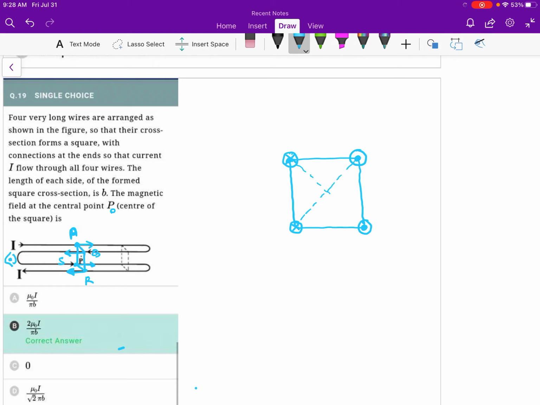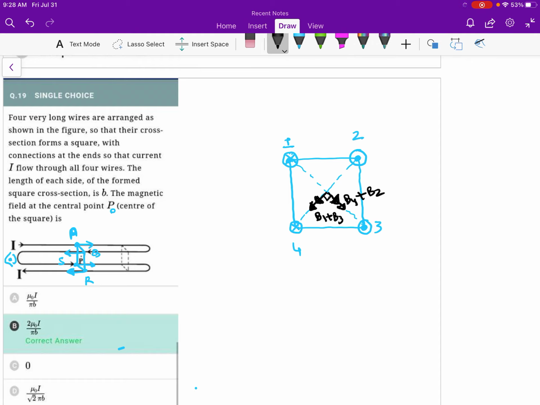So all the 4 wires will produce the same magnetic field in magnitude. Say 1, 2, 3, 4, all will produce the same magnetic field. Due to 1, the field will be in this direction, B1. Due to 4, the field will be in this direction, and due to 3, the field will be in this direction, and due to 2, the field will be in this direction.